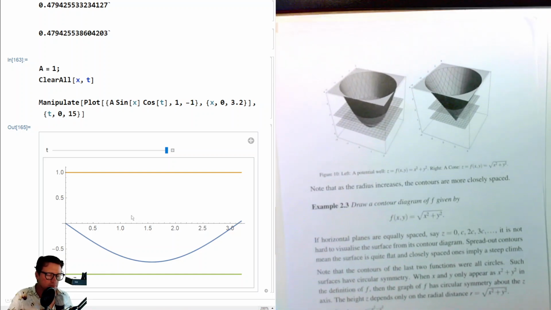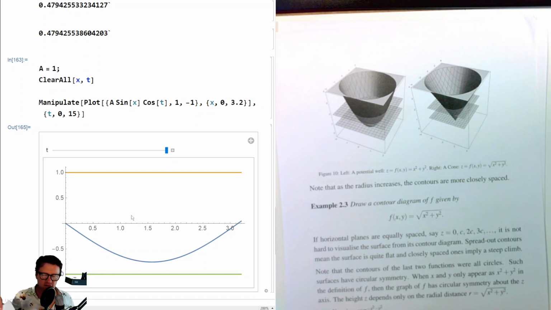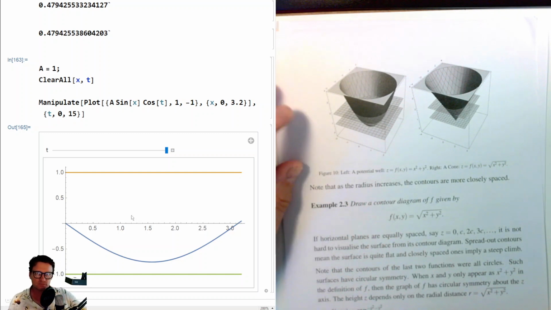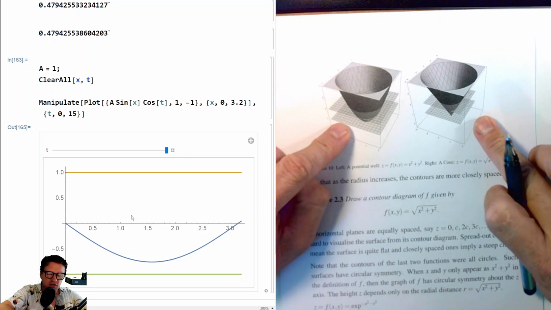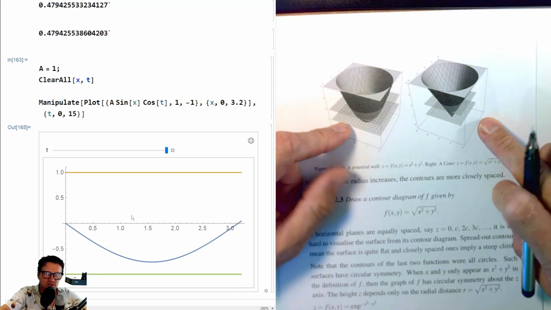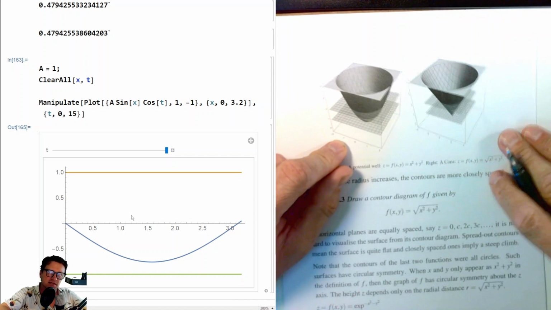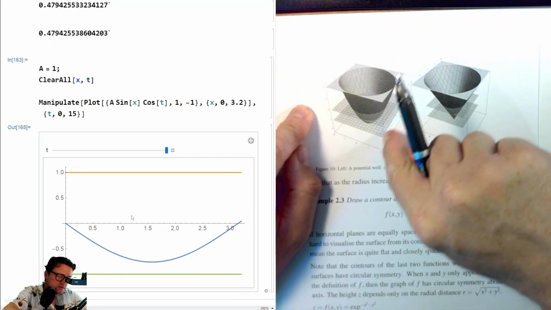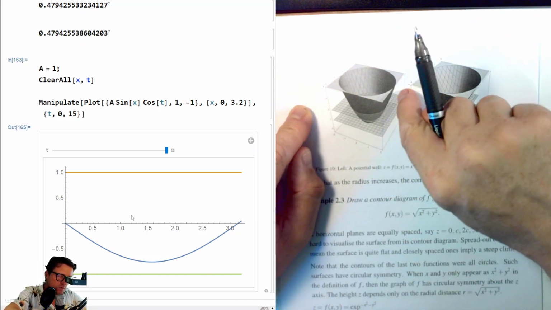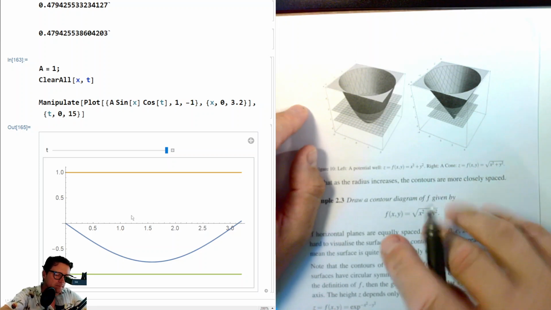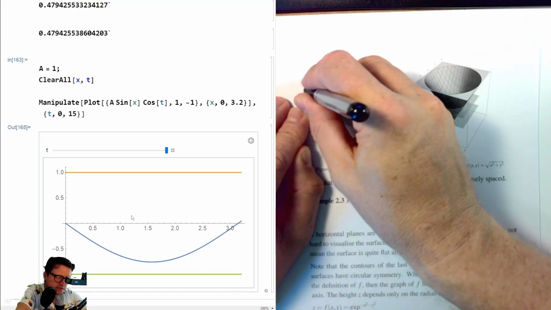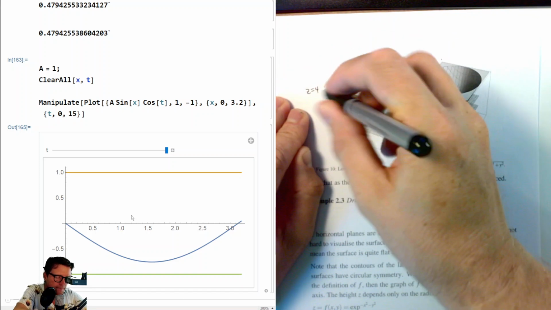Okay, so now on the left of the next page, we have 2 surfaces that have circular contours. Now you can see some of the slices here. So z equals 0, z equals 1, z equals 2, and so on. Or in this case, this top one is z equals 4.